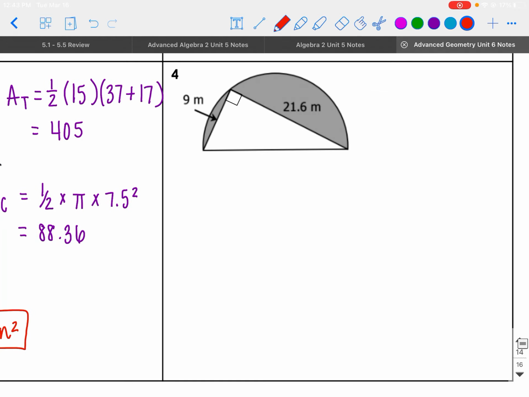All right, and number 4, we have a half circle with a triangle cut out. And this triangle, we're missing the hypotenuse of the triangle, which is also the diameter of the circle. So we're going to need to do Pythagorean Theorem.